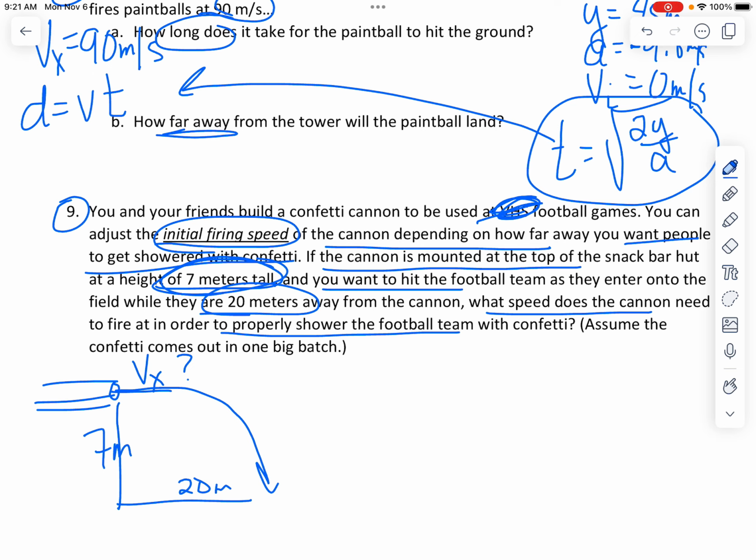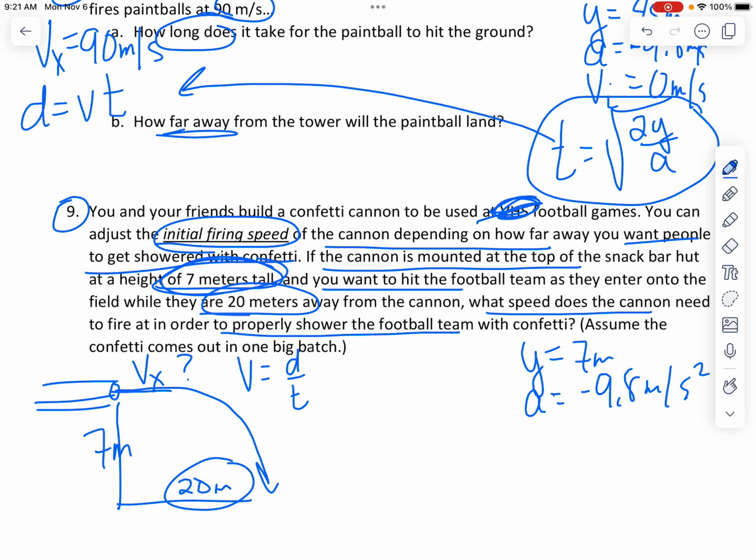Okay? So, again, we need to find the time, because if I want to find the speed, velocity is equal to distance divided by time. I have the horizontal distance, but I don't have time. So I'm going to find the time using the y component. The y value, the height here, is 7 meters. The acceleration, of course, is always negative 9.8. The initial velocity for the y component is 0.